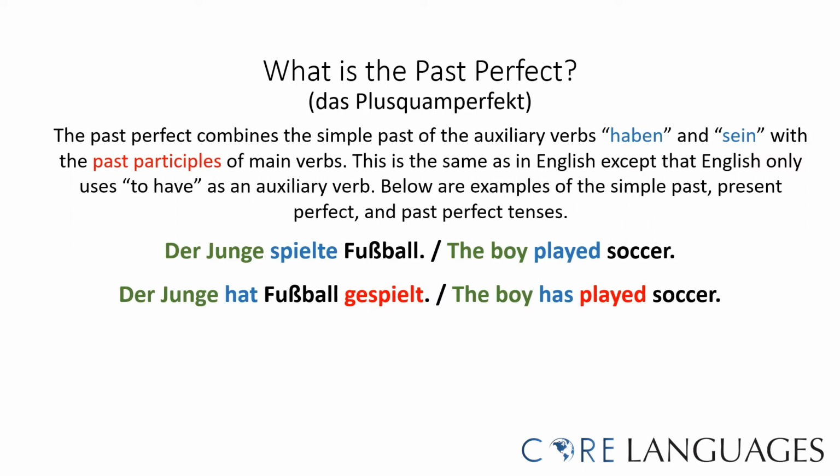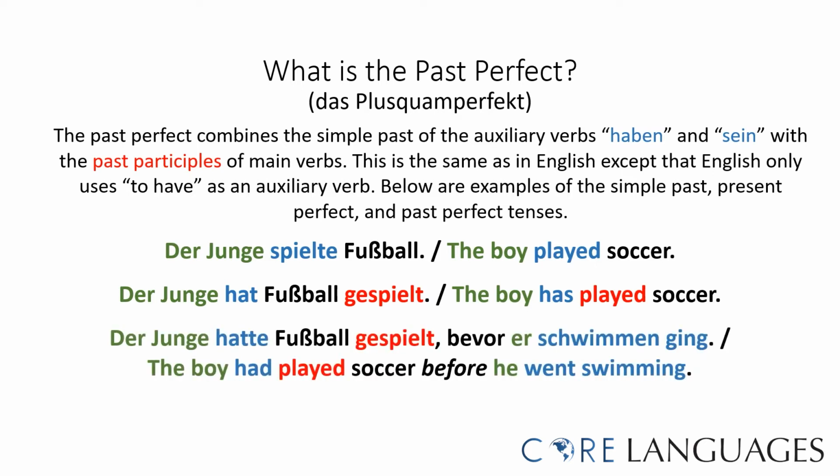The boy has played soccer. This sentence is in the present perfect, or das Perfekt. It is called the present perfect because the auxiliary verb haben, or to have, is conjugated in the present tense, hat and has.